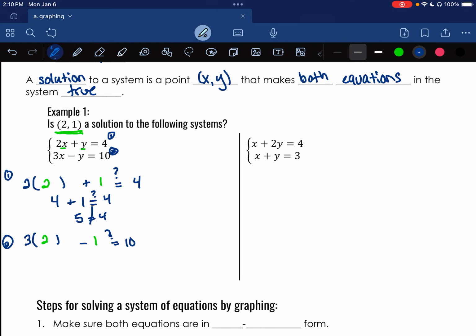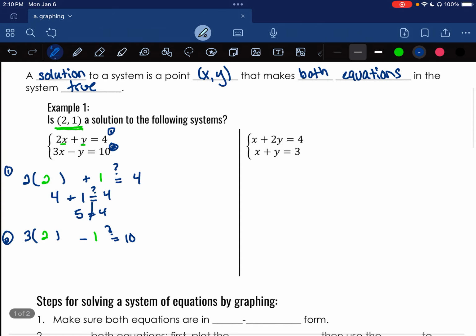It cannot be a solution to our system. But since we went ahead and worked it out, I might as well carry on. And see, that one didn't work either. So 5 is not equal to 4, and it's not equal to 10. Both of those are not true. And so therefore, this guy, 2 comma 1, is not a solution to this system.